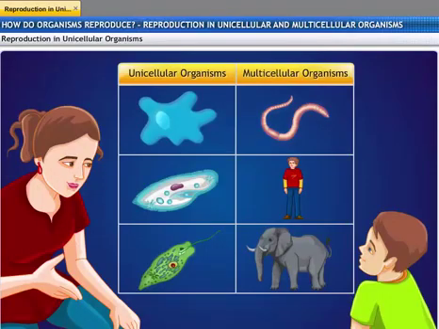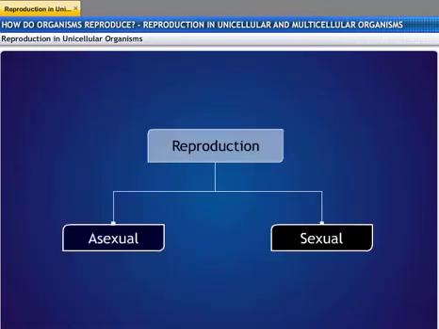We were talking about reproduction and body designs of organisms. At a very basic level, let's consider unicellular and multicellular organisms. Now, let's relate the body designs to modes of reproduction.